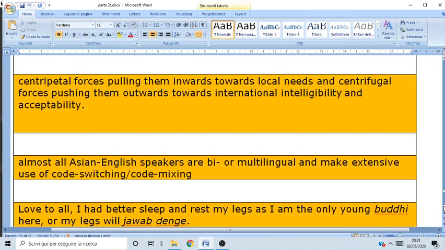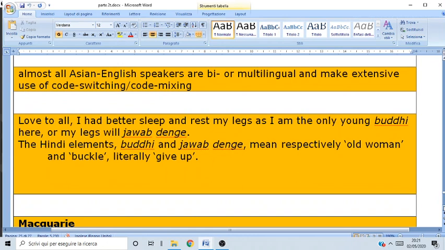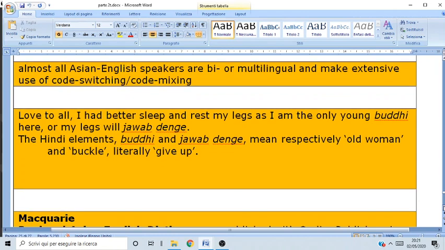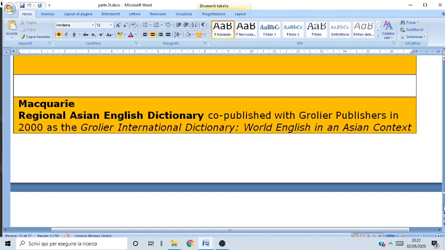So there are these push and pull factors that influence their language and the debates in linguistics about it. We looked at the case of Asian Englishes, and how these varieties of English are characterized by lots of code mixing. Yes, there are words in English, but there are also words from their local languages, and this makes it difficult to understand them at an international level.